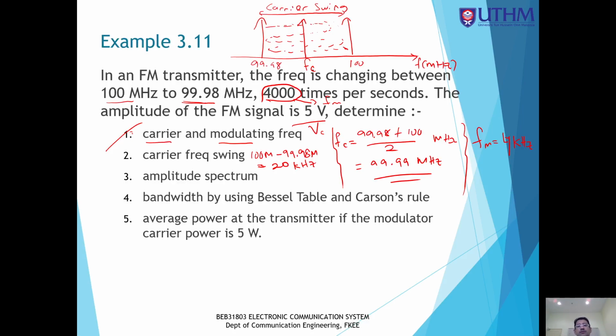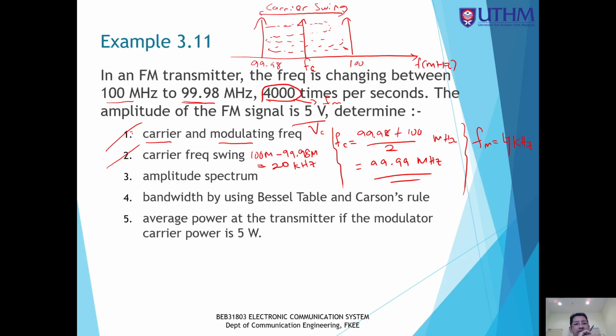And then the question asks you to draw the amplitude spectrum. Again, we need to do the table. When we want to draw the table, we need to see the Bessel table first, in order to find the values of J, the relative amplitudes, so that we can draw the spectrum.